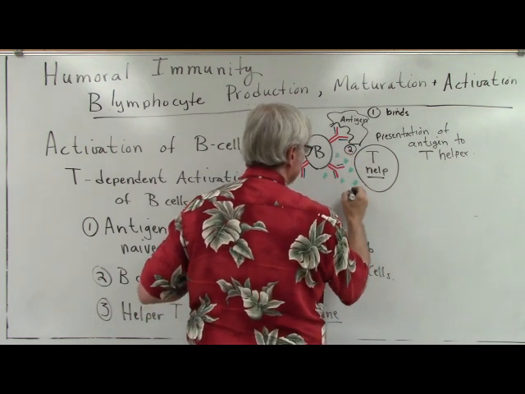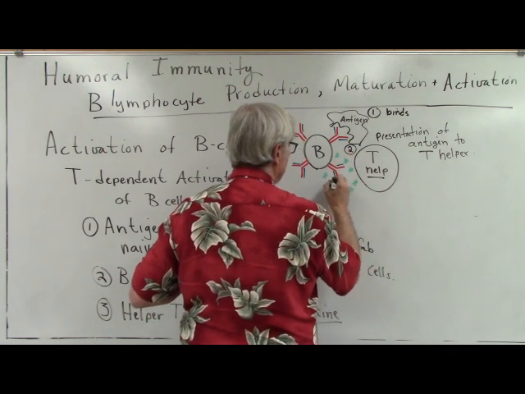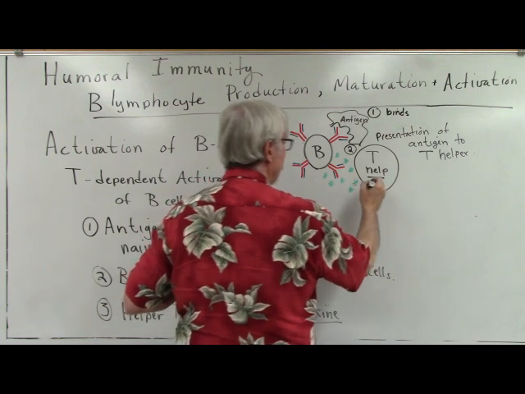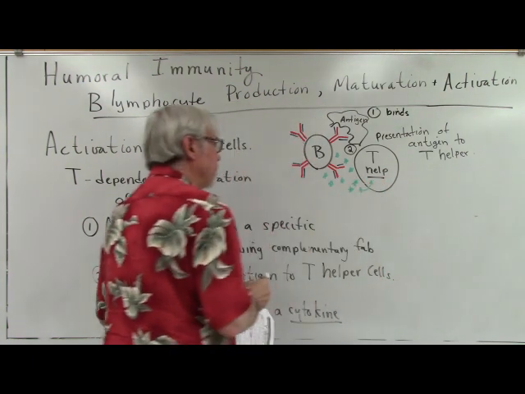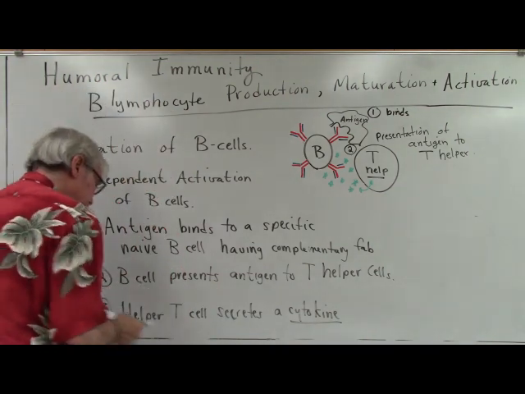These little green stars that I'm drawing represent cytokines. So these are small molecules that'll be secreted by the T helper cell.